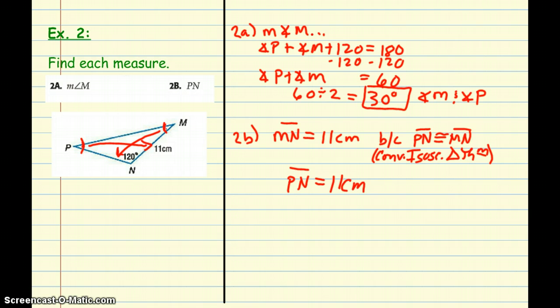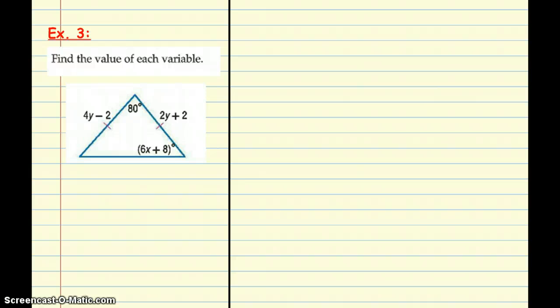We want to find the value of each variable here. The first thing that I'm going to do is find the value of y. Looking at this diagram, we are told that these two sides are congruent. So I'm going to set 4y minus 2 equal to 2y plus 2, and now I'm going to solve this algebraically.